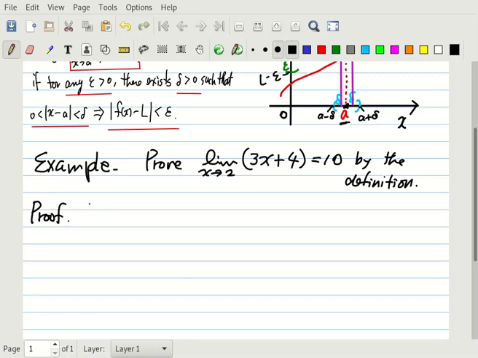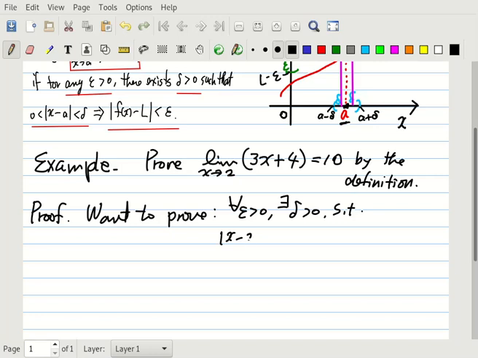So basically what we want to prove is that for any number epsilon, there exists delta such that if the distance between x and 2 is between 0 and delta, then it implies the distance between f of x, 3x plus 4, and 10 is less than epsilon.